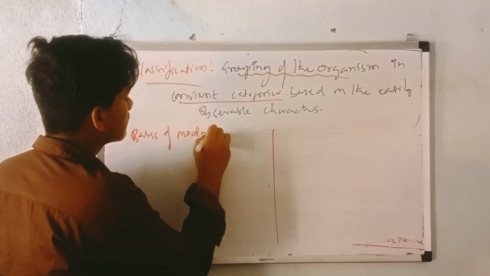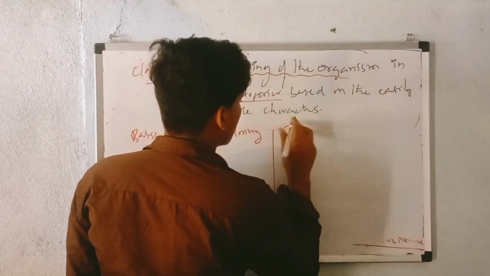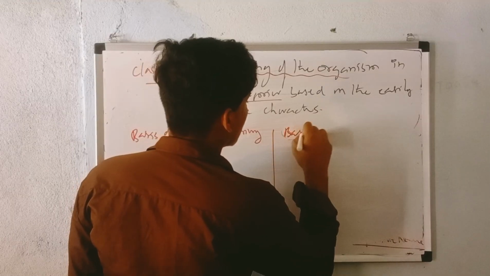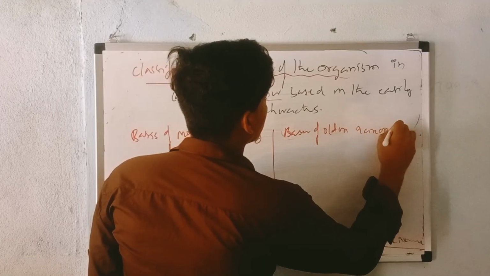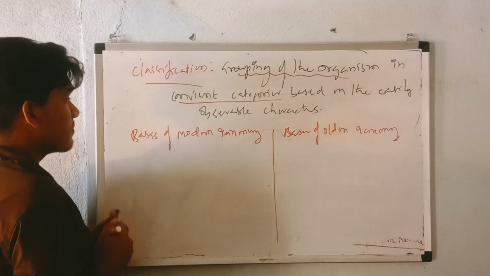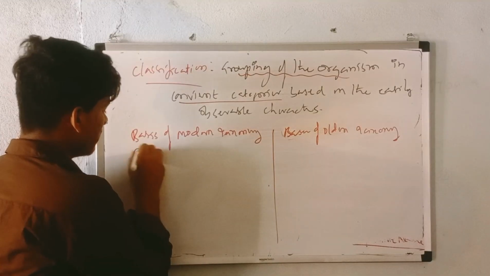The basis of modern taxonomy and the basis of olden taxonomy. For modern taxonomy, we can consider three major features.